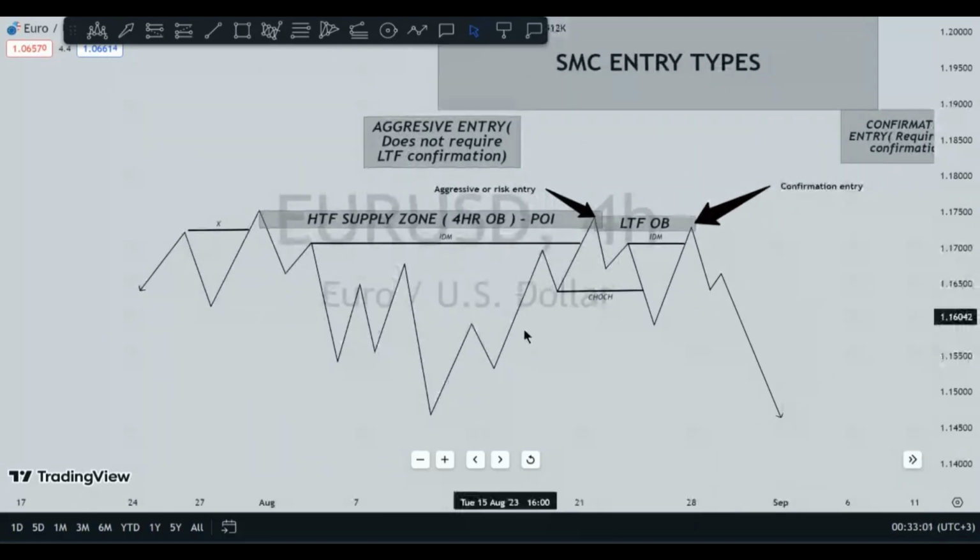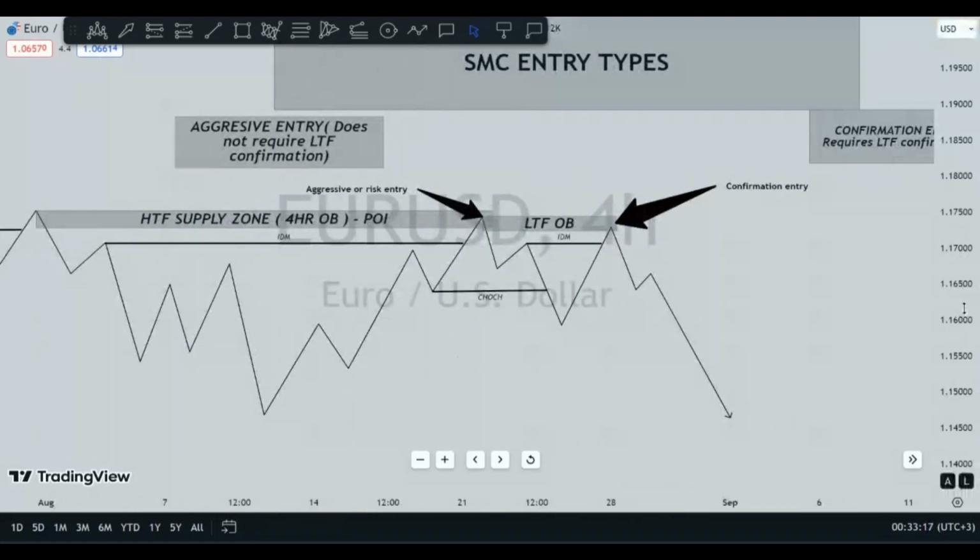So I'll take you straight to this structure that I have drawn right here. As you can see, price went from bearish to bullish.